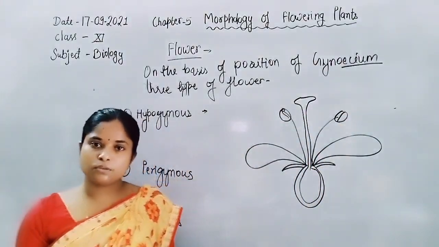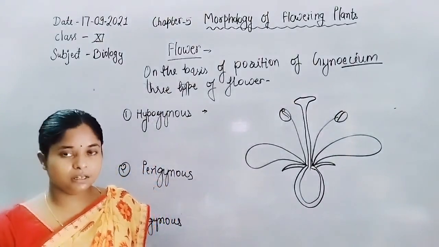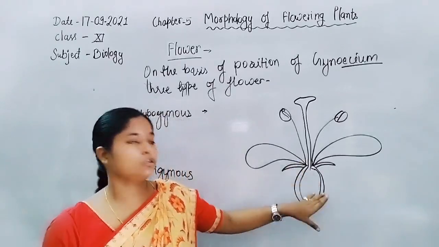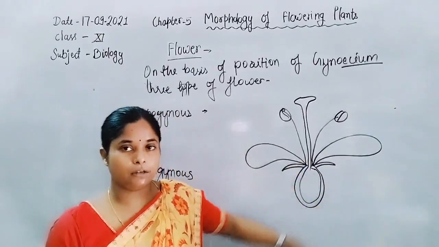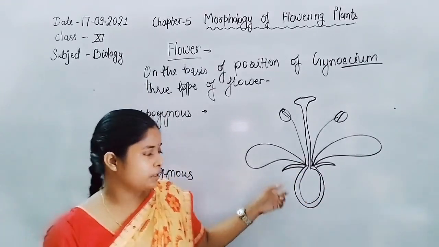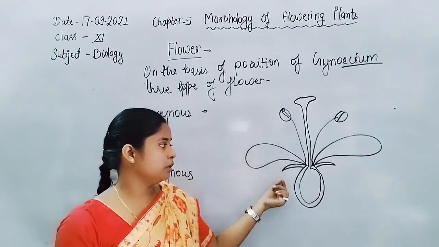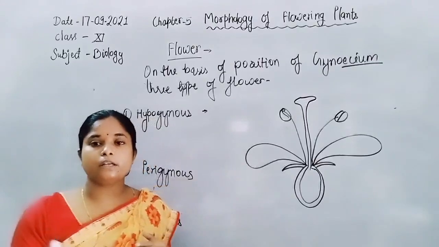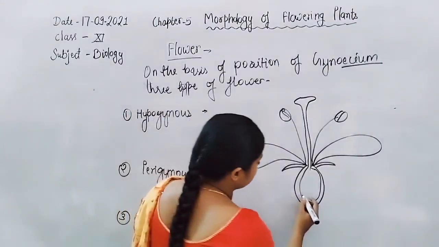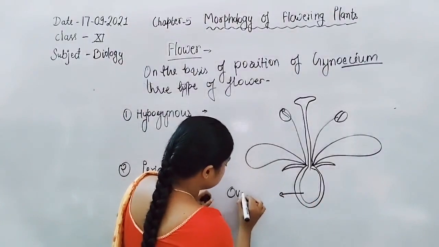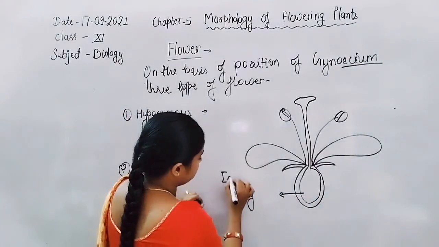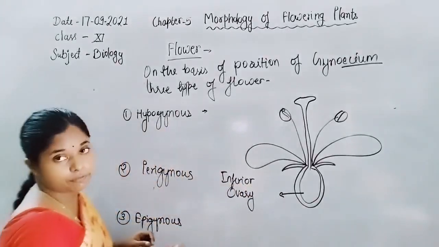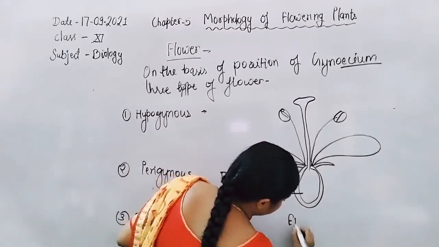This kind of flower is known as epigynous type of flower, where the ovary is covered with a sheath, or the ovary is totally inferior with respect to the other parts of the flower, such as androecium, corolla and calyx, all of which originate above the ovary. So in this type of flower, the ovary is inferior.